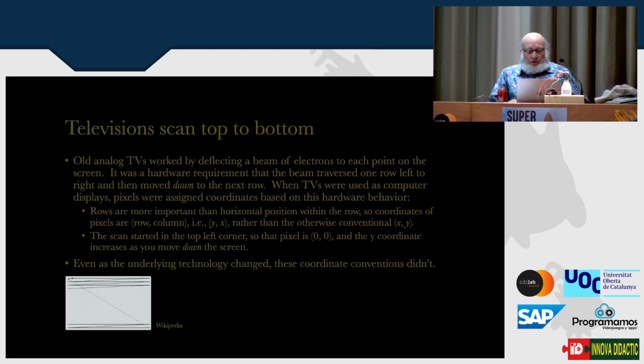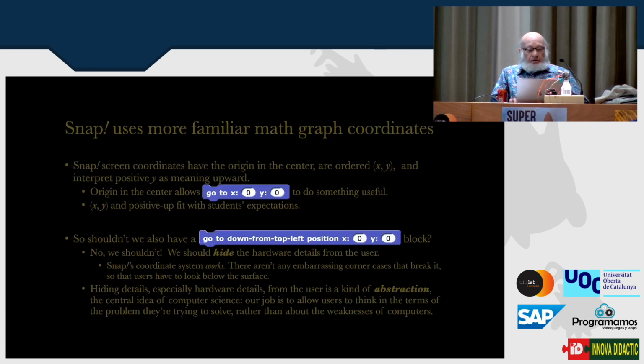And furthermore, because rows are the most important thing, you write your coordinates as row column, which is to say Y, X, rather than the more usual XY. Okay, we do it differently.